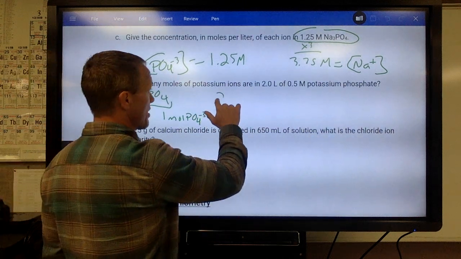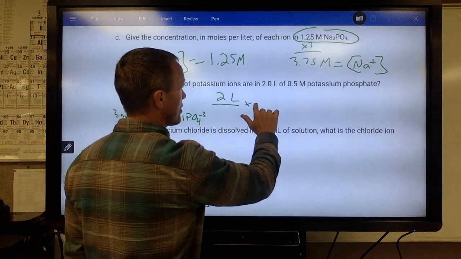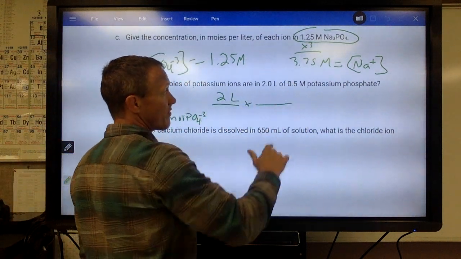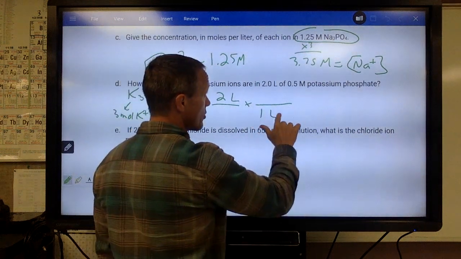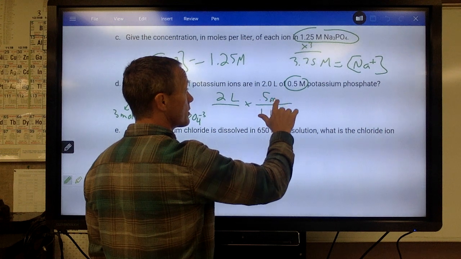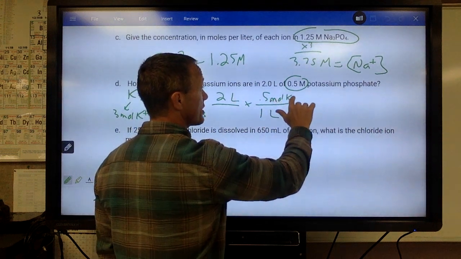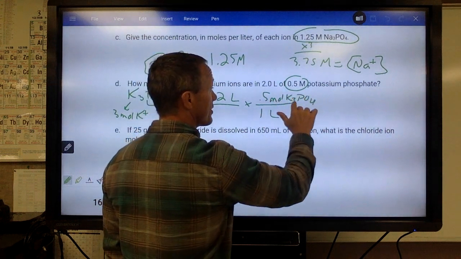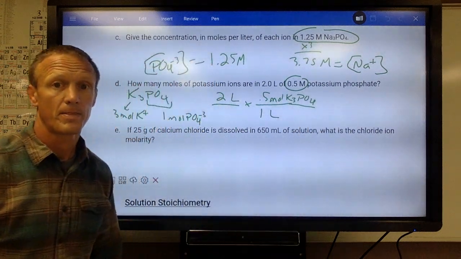So we start with 2 liters. I never start with molarity. The molarity is 0.5 moles per liter. That means that every liter contains 0.5 moles of potassium phosphate, the whole compound.